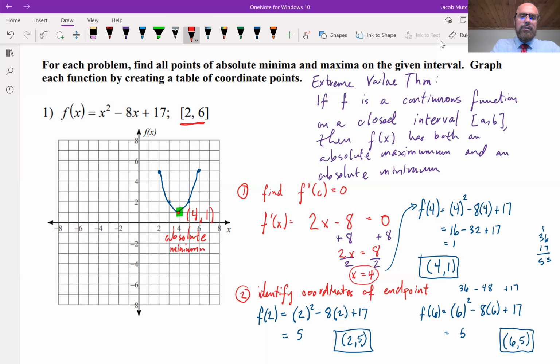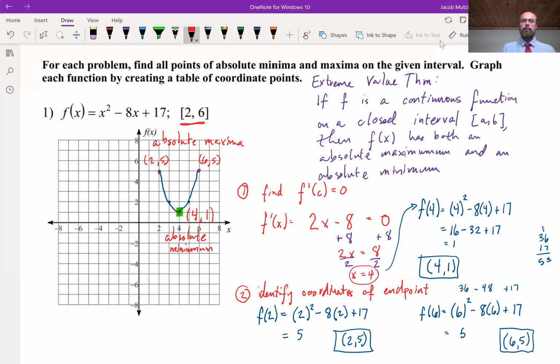And then we can also identify both of these upper points, the one at 2 comma 5 and the one over here at 6 comma 5. Since those are identical y values, we would identify both as absolute maxima. And that completes this task.